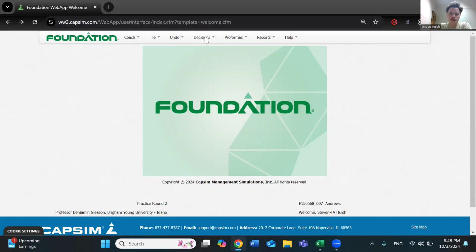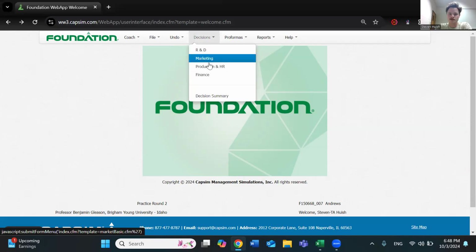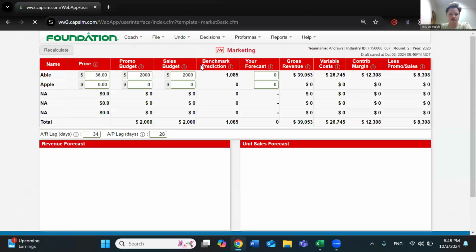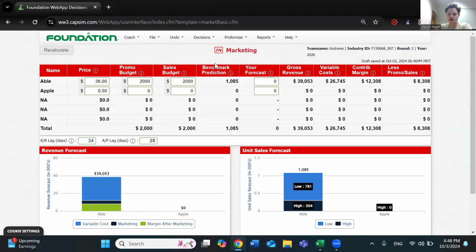So forecasting is found right here in marketing. The first thing about forecasting that you want to keep in mind is this benchmark prediction here is a forecast that is generated for you by the computer.